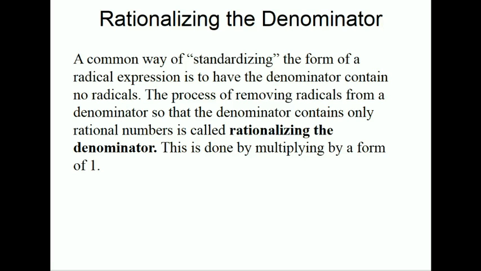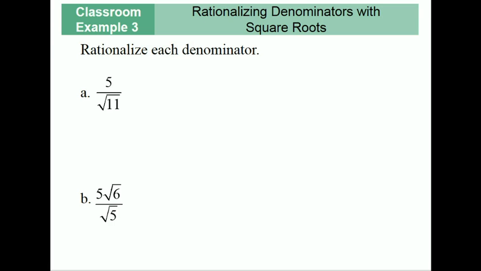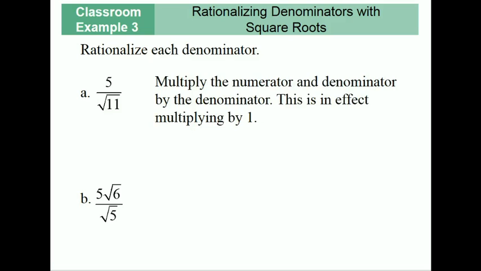And if you remember from last time, we multiplied by a form of 1. So notice a here has a radical in the denominator. So what we're going to do is multiply the numerator and the denominator by the denominator. And this is the same thing as multiplying by 1.